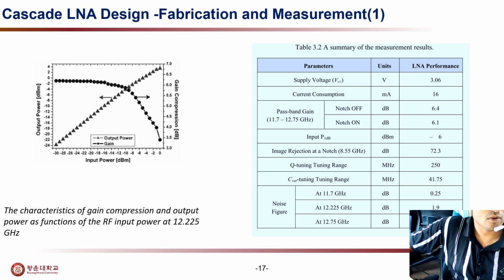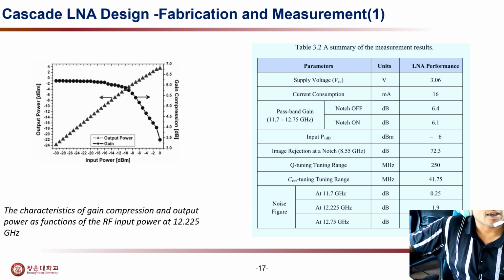Notch off, notch on, two conditions. With the notch off, the gain is high, 6.4 decibels, but with the notch on it is a little lower, 6.1. We also know the important parameter, the noise figure, at 11.7 gigahertz in decibels, 0.25.